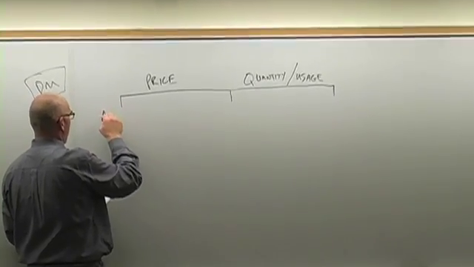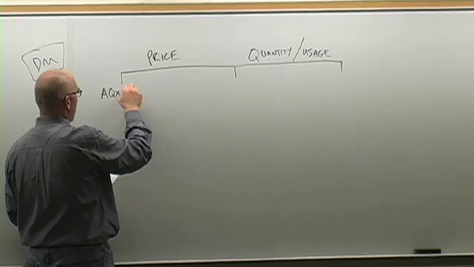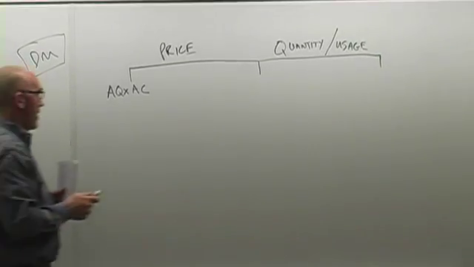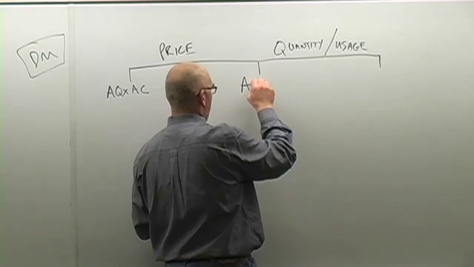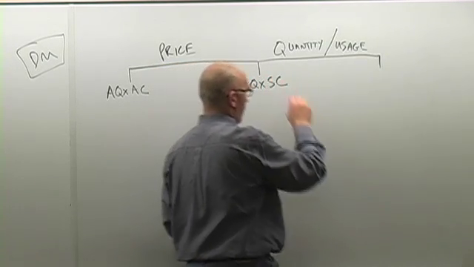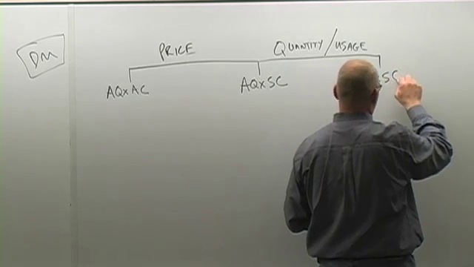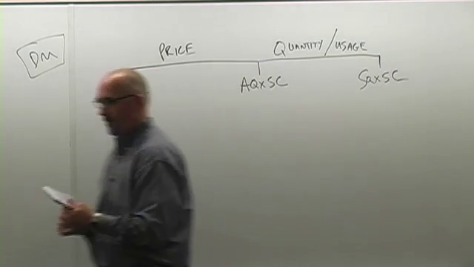Under here, we're going to go actual quantity times actual cost, actual quantity times standard cost, standard quantity times standard cost.